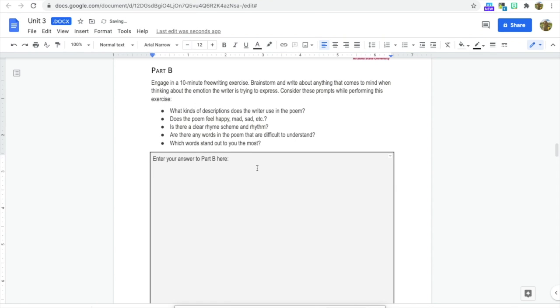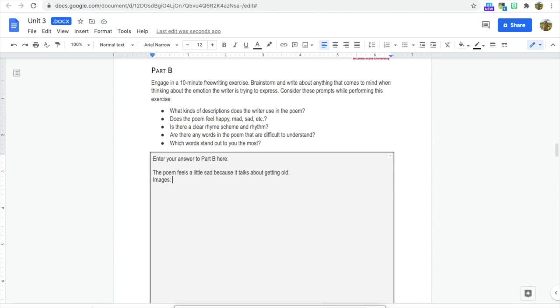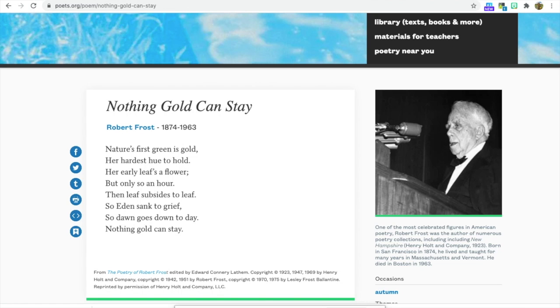So I'm going to do a free writing. The poem feels a little sad because it talks about getting old. And then I can write some type of images are, let's see, what does it talk about? It talks about nature, talks about green and gold. It talks about nature and refers to it as her.